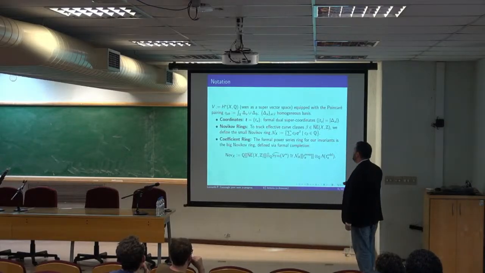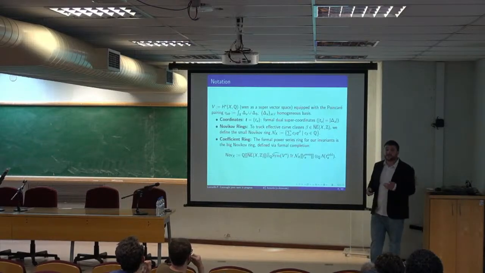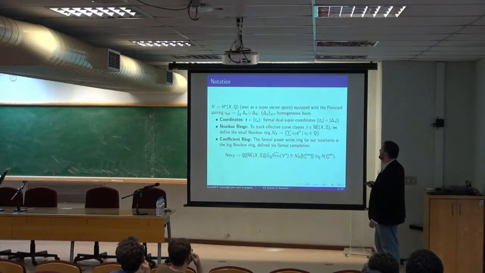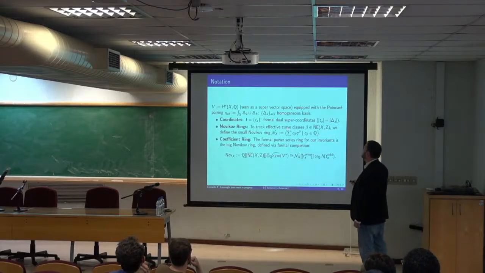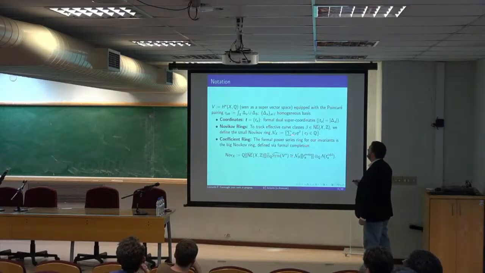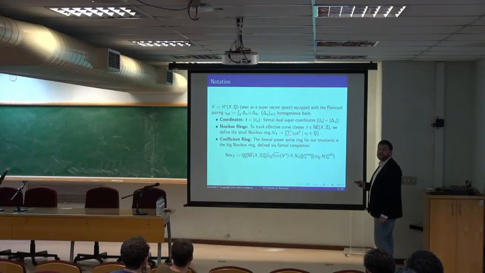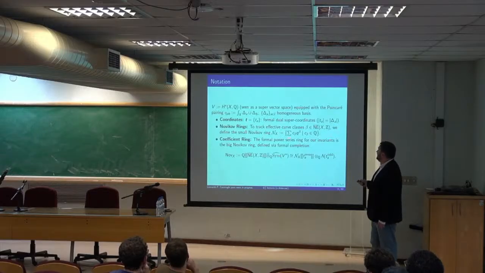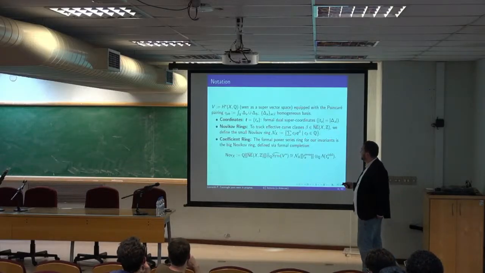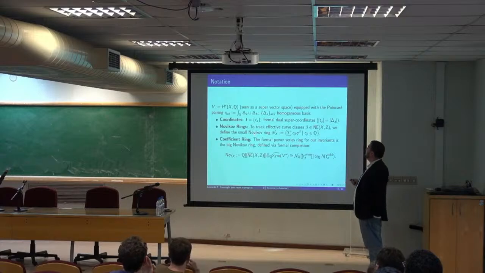And you would like very much, because these things have an origin even in enumerative geometry, to keep track of curves. So you consider here, if you like, it's completely fine if you think there's some sort of a black box, this ring here of formal power series. We choose the symbols Q here, that we're going to treat as Novikov variables. And then you can also do something a bit better, that is to consider this another ring here, we call this Novikov ring.